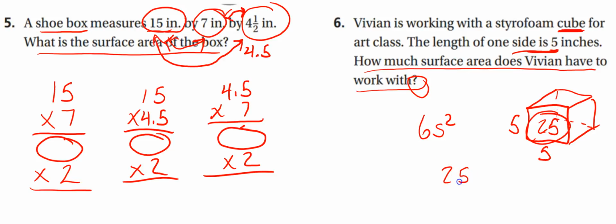So essentially what we're doing is 25 times 6. Because I squared the 5, the side is 5, squared would be 25, 5 times 5, and then multiply that by 6, and that will give you your final answer.